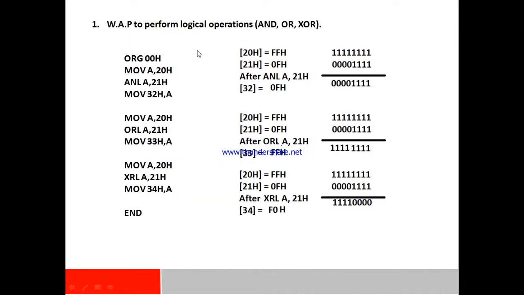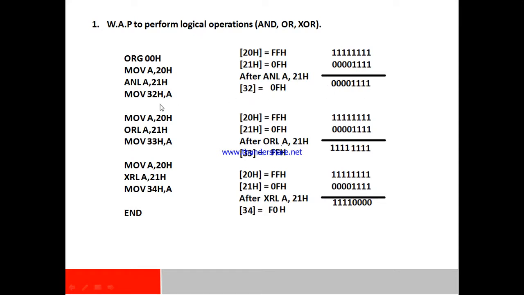Let's try to understand the first program, to perform a simple logical operation, AND or XOR. I have already written the instructions here, and I have assumed some data which is available in the respective locations. When I use this instruction, immediately it gives a certain result.